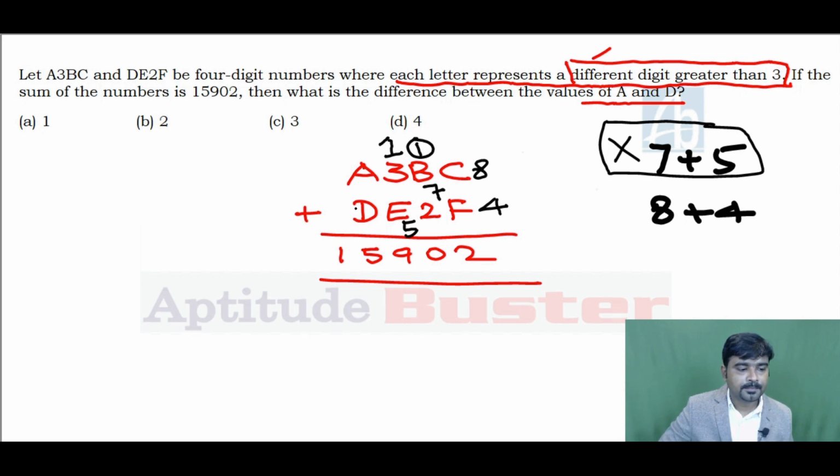Then A plus D equals 15. In this case A and D we need to get 15. How is it possible? If I choose 9 and 6, then only it gives 15. And what is the difference between A and D? 9 minus 6 is equal to 3.